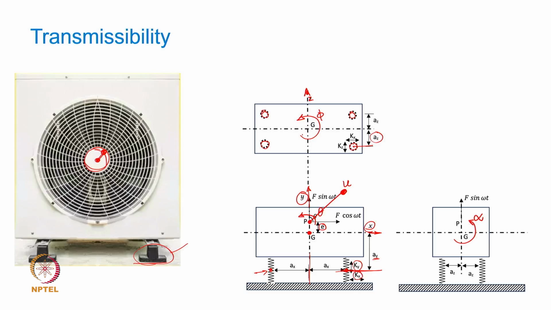But for the sake of some initial discussion on the transmissibility, we are assuming that the motion is in a single plane. Then the degrees of freedom are x, y, and tilt, that is pitch motion, which is theta. With this, let's look at how we get the governing equations of motion for this unit.